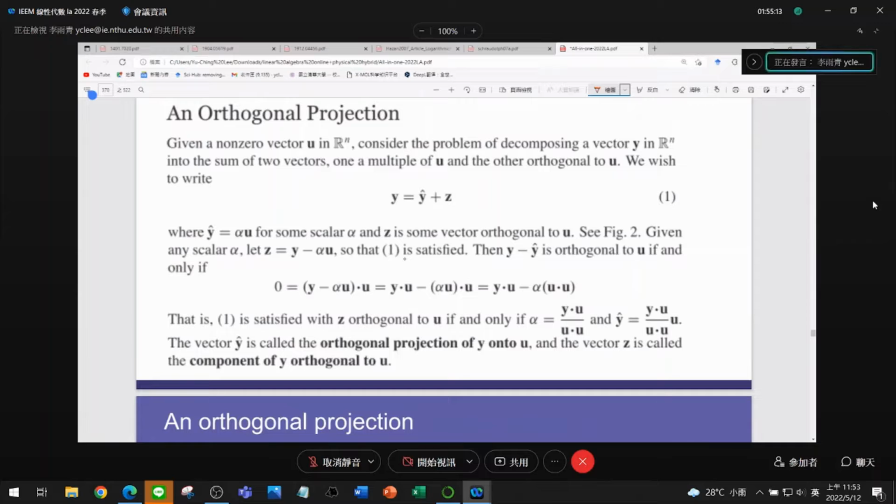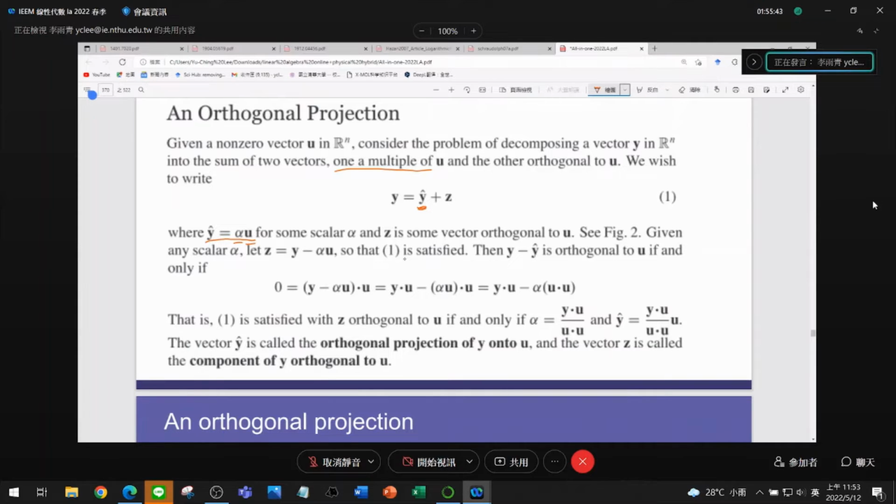Okay, so since y hat is on the line of u, then y hat can be expressed as a multiple of u. 那这边呢是一个推导的过程，说既然 y hat 是最后是被投影在 u 这个方向的线上，那么它的数学表达是一定是某一个 scalar alpha 乘以 u.